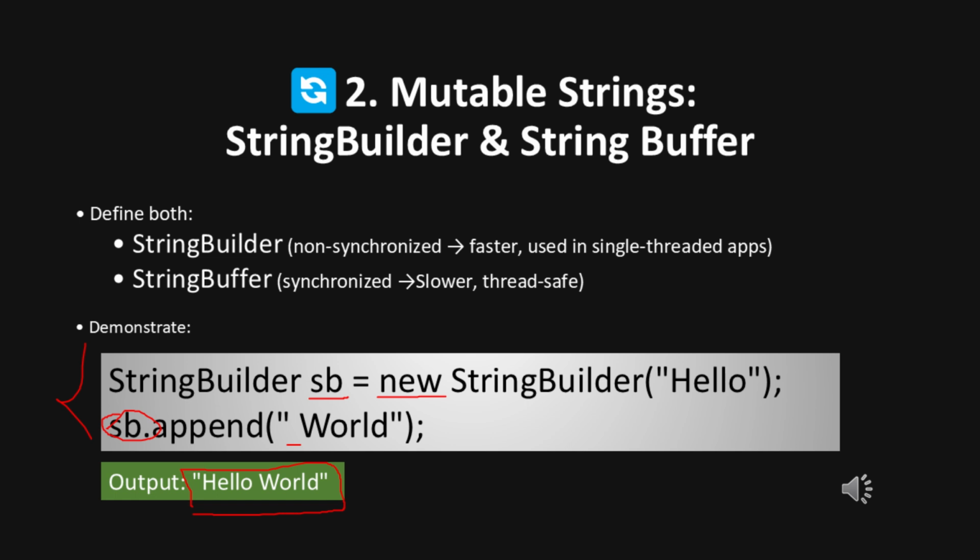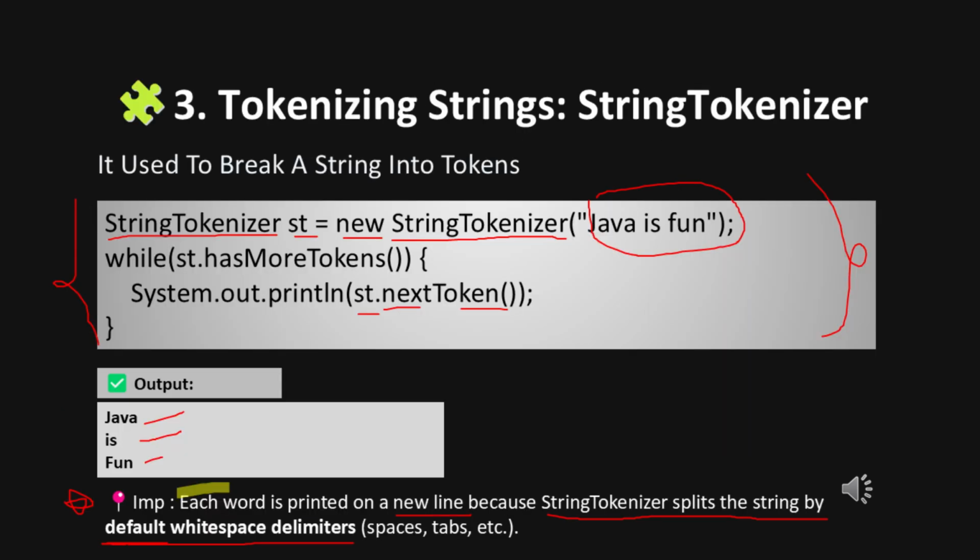Okay, now we move on to the next slide: StringTokenizer. StringTokenizer is used to break a string into tokens. The example below helps you understand. st is the object name, created with the new keyword, and the StringTokenizer contains "Java is fun".